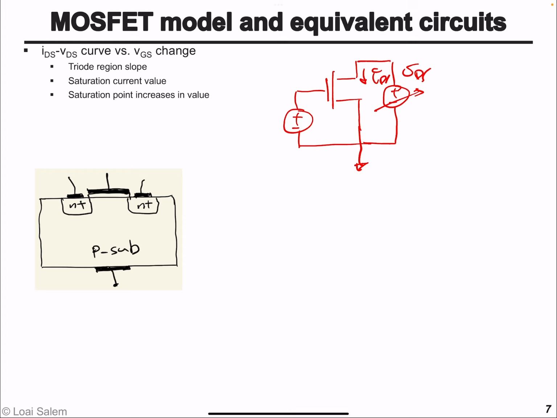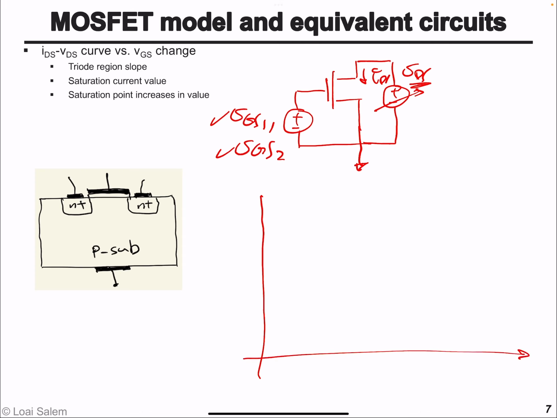So one time we'll apply VGS1 and then we'll apply VGS2. In each case, VGS1 or VGS2, we're going to sweep VDS from 0 to a large value. So this is VDS and this is the current IDS.